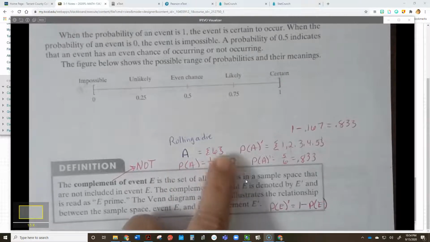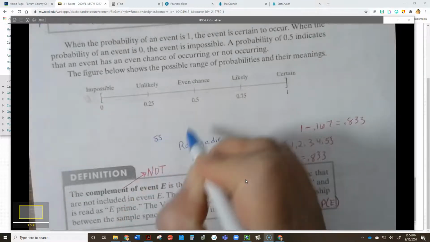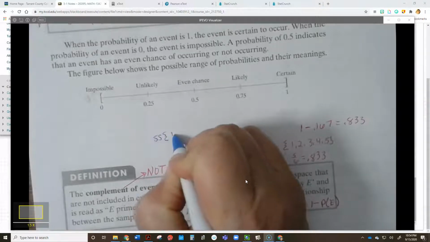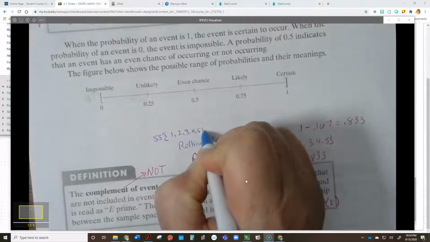The probability of getting a 6 is 1/6. Why? Because there's one outcome in event A, the 6, and there are 6 outcomes in the sample space. The sample space for rolling a die, remember, is 1, 2, 3, 4, 5, 6.